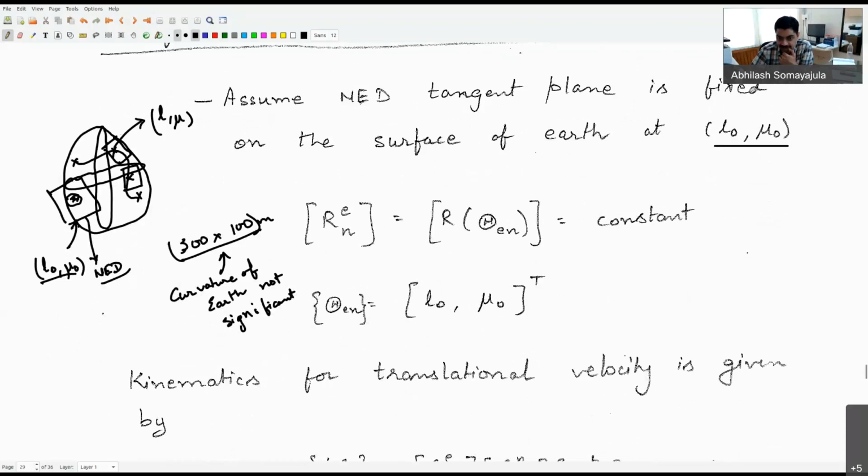We have to be careful only that our vehicle doesn't wander too much from L0 and mu 0. In this case, our rotation matrix from the N frame to the E frame is a constant, in the sense that given a particular L0 and mu 0, the rotation matrix doesn't keep changing with time.